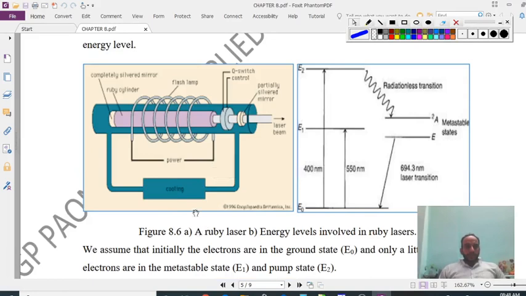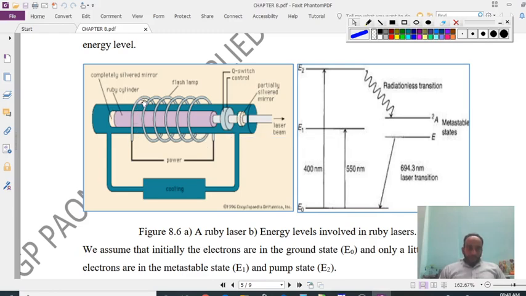Here in diagram 8.6 a ruby laser diagram is shown. In this, a glass envelope is used to protect the inner ruby material. This material is a ruby cylinder, and one portion of it is completely silvered and the other is partially silvered.